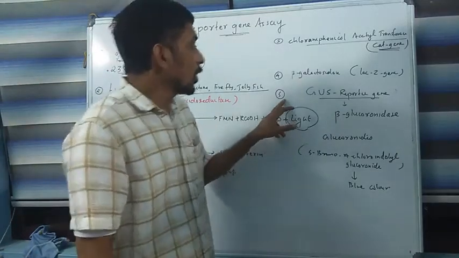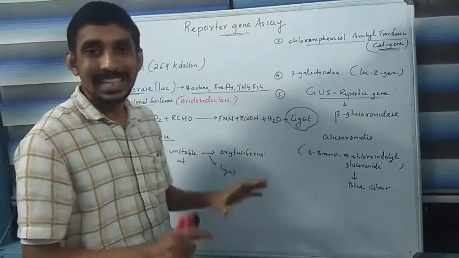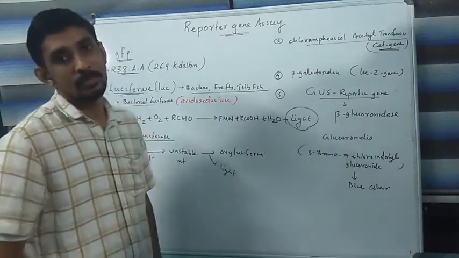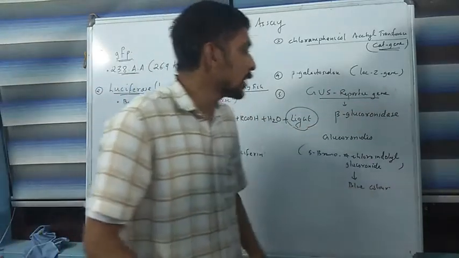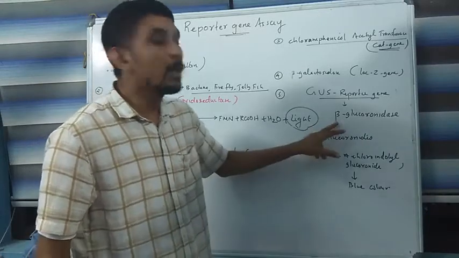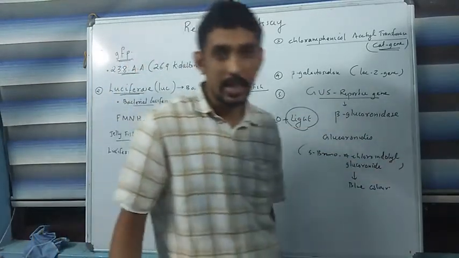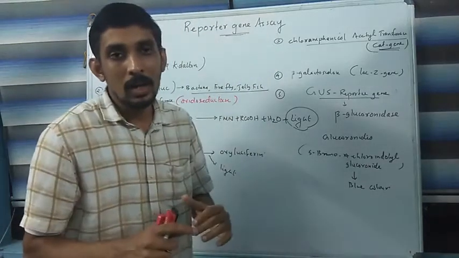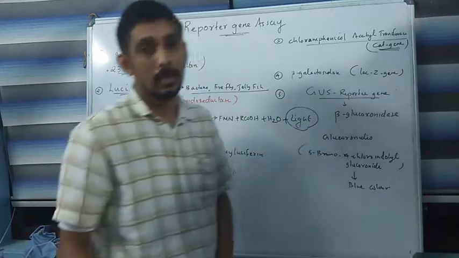And the fifth type of reporter gene is called the GUS reporter gene. This GUS reporter gene produces an enzyme called beta-glucuronidase. So the gene producing beta-glucuronidase is called the GUS reporter gene.